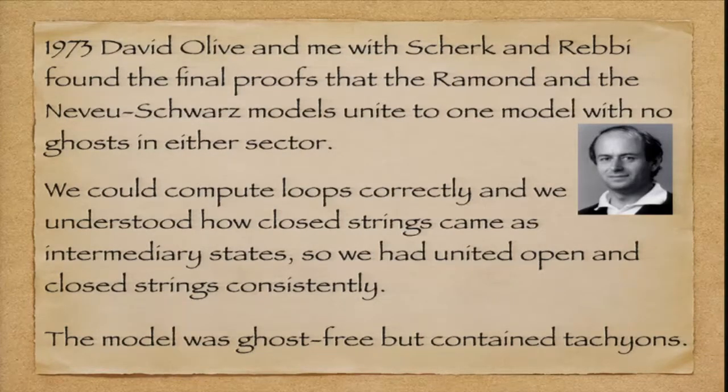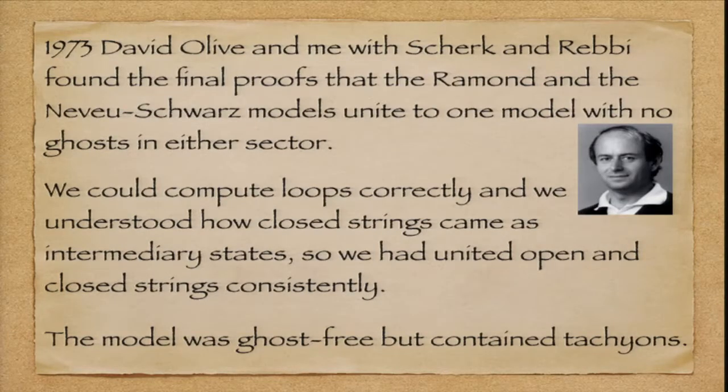So that theory was really working. Before it was really 2 models. And we also had a rule, we could compute loops, and we understood how closed strings came from intermediate states. So we had united open and closed strings consistently. Now we had a theory which was unitary to this level, which had open strings and closed strings. That meant that it had Yang-Mills theories, and it had gravity theories in it.